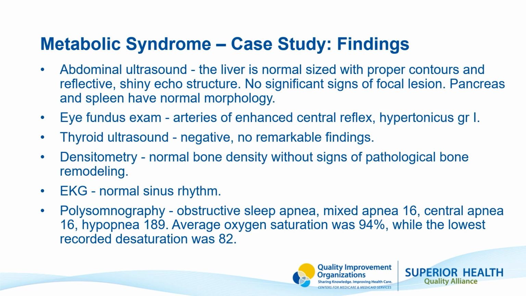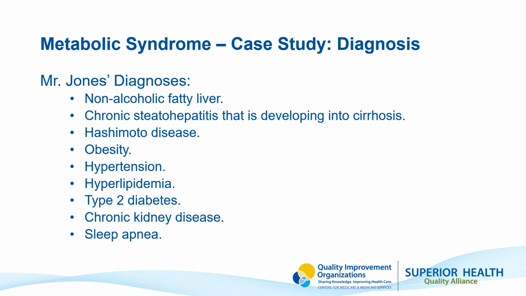So here are Mr. Jones's diagnoses after all these tests. And this is a patient who came in just for a physical with no complaints. He has non-alcoholic fatty liver, chronic steatohepatitis, and that's developing into cirrhosis.